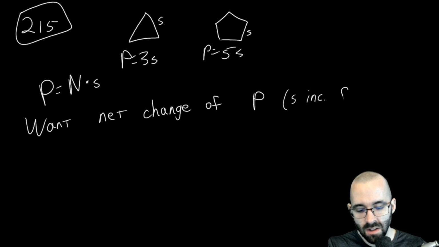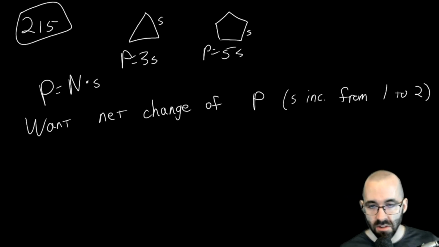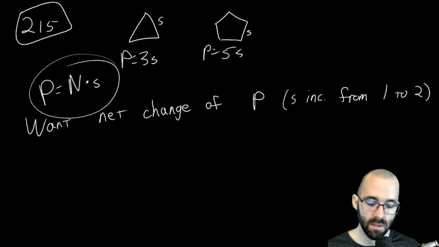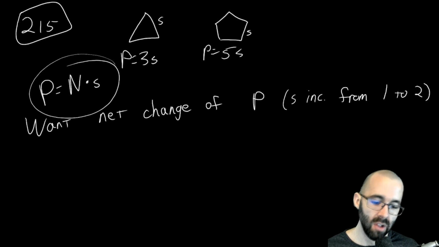S increases from 1 to 2. So we're going to need to think about this as a function. So in reality, this is a function of 2 variables. How many sides are there? And how long are the sides?